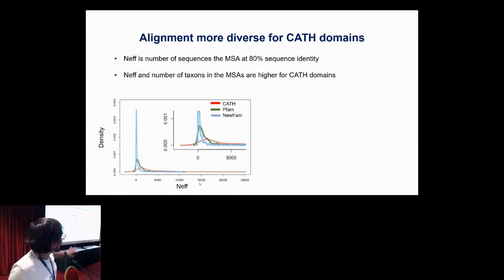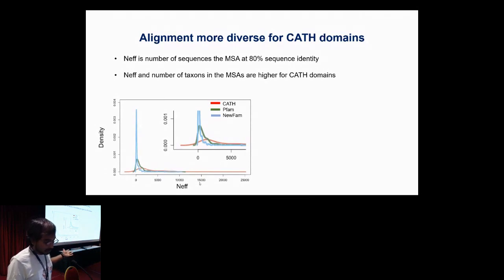In red is the CATH domain, in green are the Neff values for the Pfam domains, and in blue are the Neff values for the NewFAM domains. We see that the CATH domains have much higher Neff, while the NewFAMs have a much lower Neff value, indicating that the alignment diversity for those regions of the proteins was quite low, while the alignment diversity of the CATH domains was quite high.